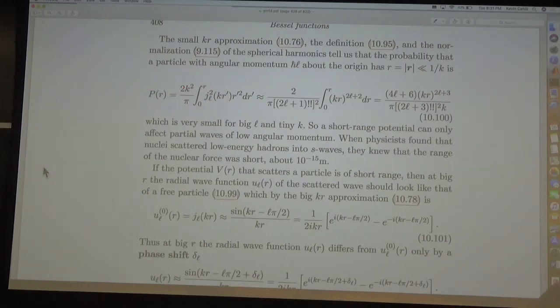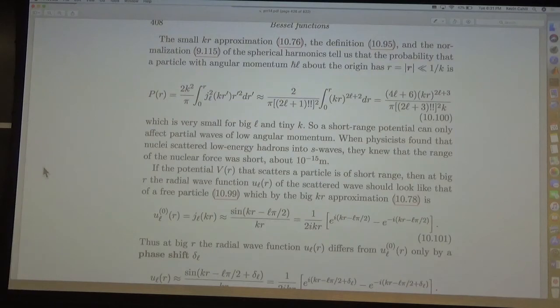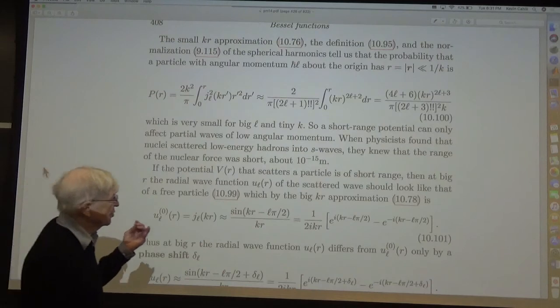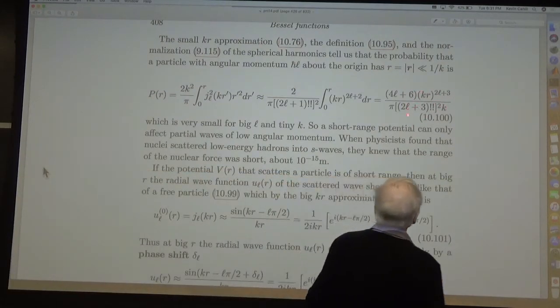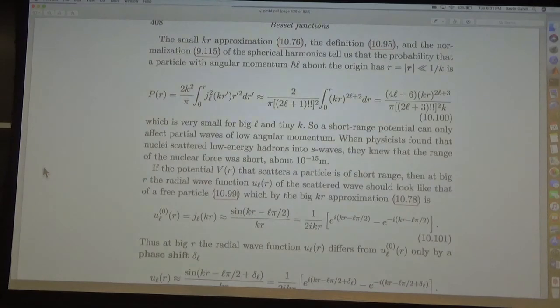Okay, so this is something that's used a lot in physics, namely that a particle with angular momentum L, the probability that it's at small r is quite small, unless it has high momentum.